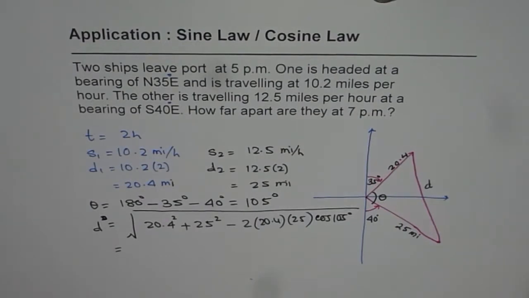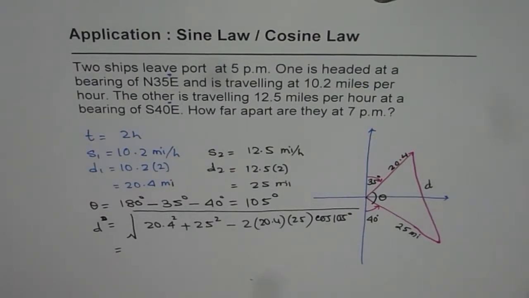So let's figure out how much it is. It is 20.4 squared plus 25 squared minus 2 times 20.4 times 25 times cosine of 105.